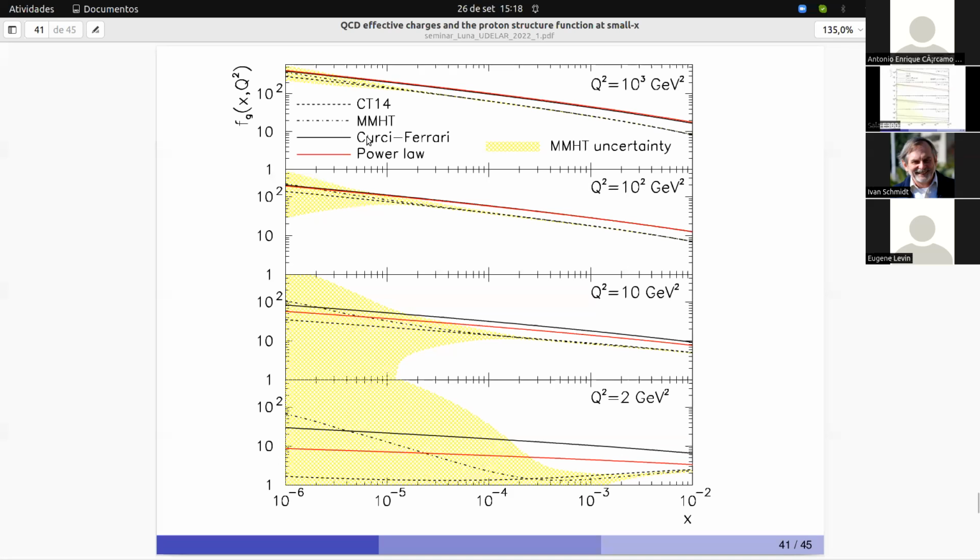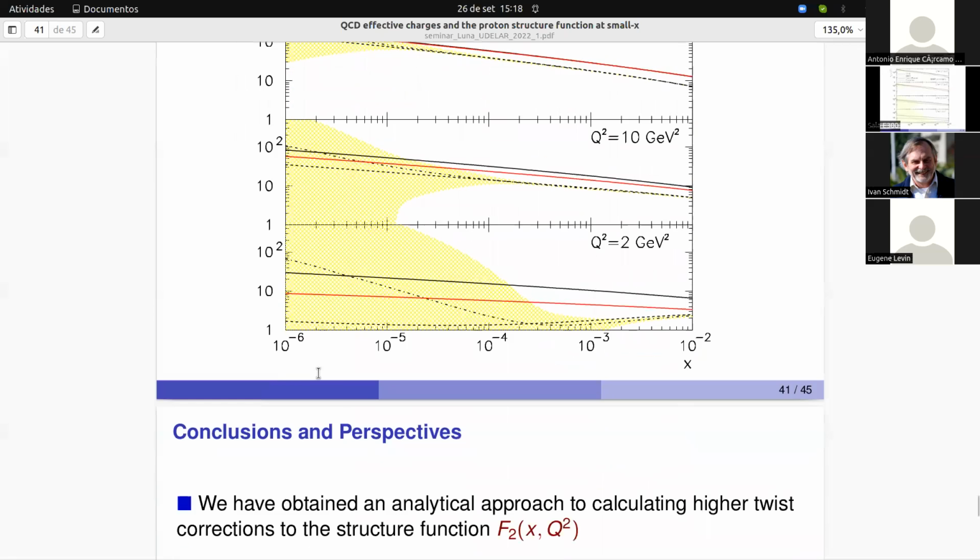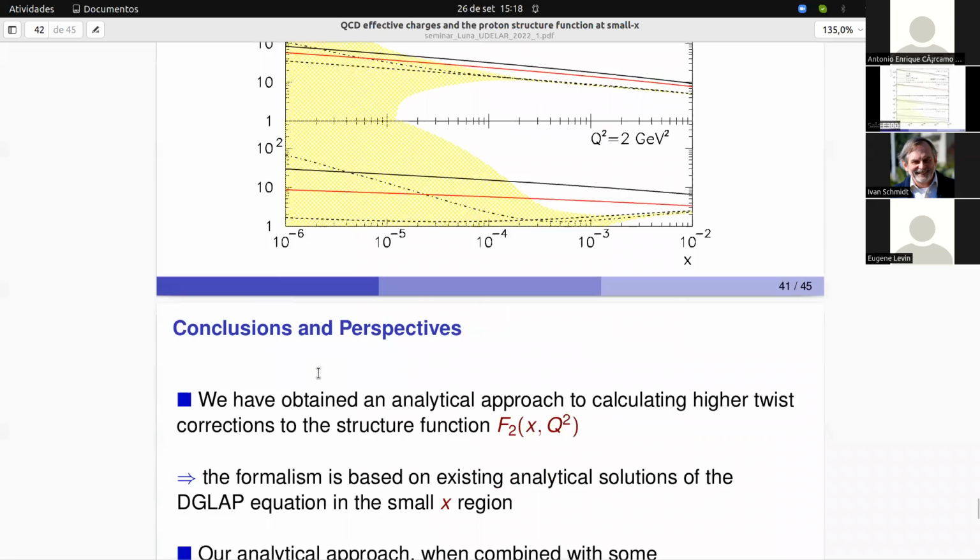And you see that our results at very small x are very compatible. We have a very good description, and our results are very close to the results given by these groups in determining the gluon parton distribution. Well, what are we doing now?